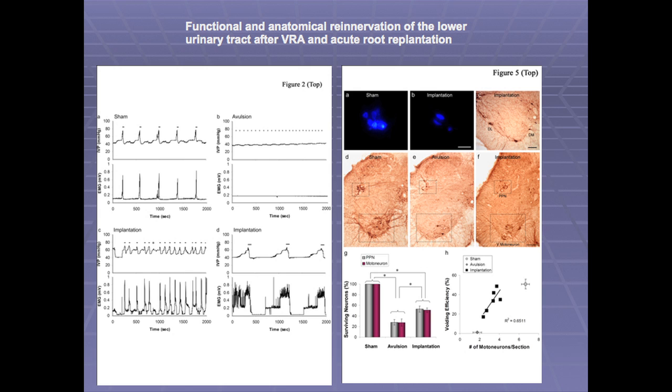And so these are traces from rats, where we can see both the bladder pressure changes and the EMG changes that take place during a normal filling and voiding. And this is really the same setup as you or I would have if we go to a urologist for a bladder evaluation.